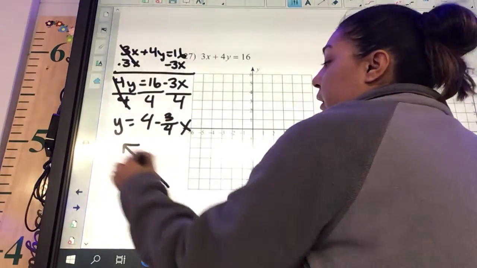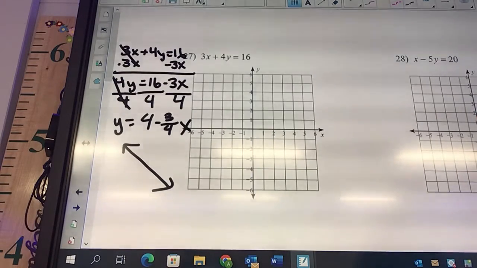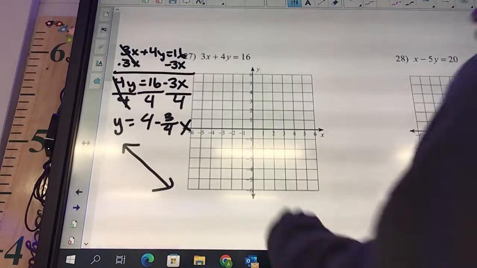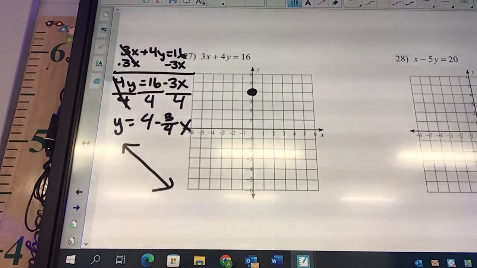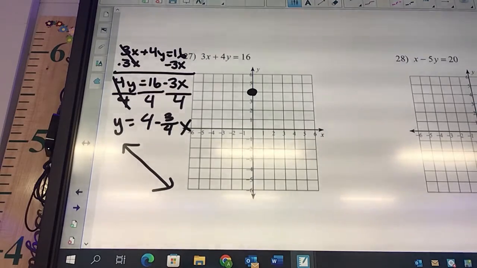Okay, and we know that our slope is negative. Where does this graph start at? Starts at 4. Okay, go to the y line, find the 4. Okay, we need to rise 3. Right? We gotta go down 3.